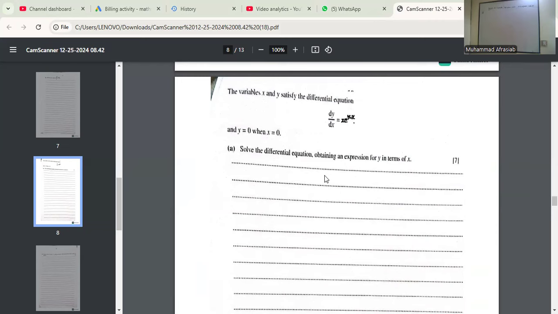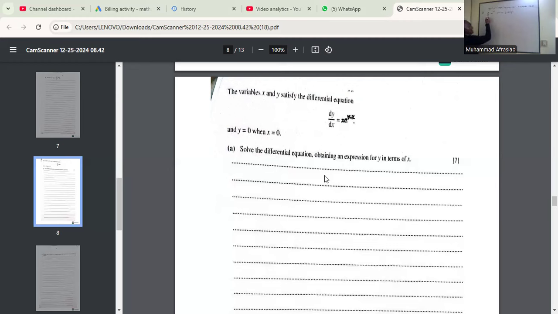Solve this differential equation and obtain a solution for y in terms of x.